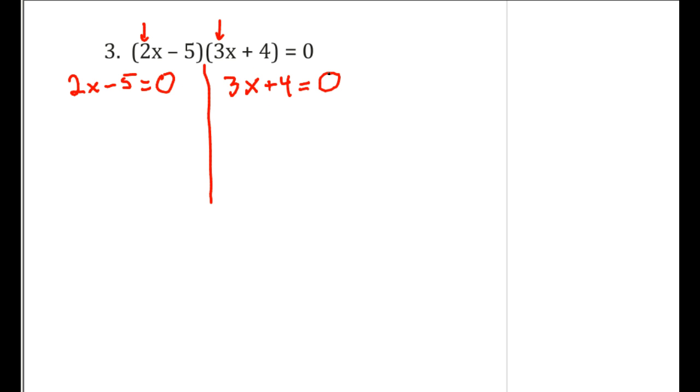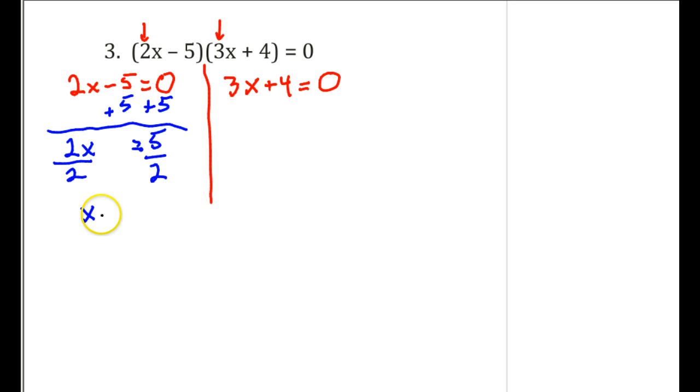It's like when you go to buy things, not everything costs exactly $2 or exactly $5. There's going to be change. So if you get decimals, don't say something's wrong, I must have messed up. It's fine. So we have 2x equal to 5, so x is 5 over 2.